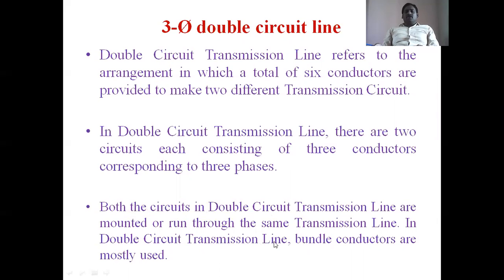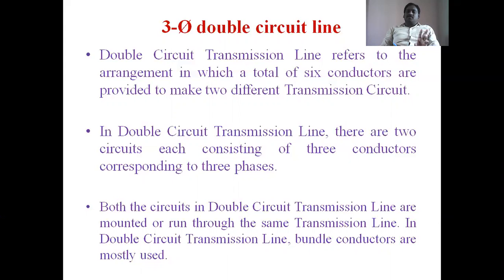In a double circuit transmission line, bundled conductors are mostly used. Bundled conductors means an arrangement of two or more conductors. Bundled conductor increases the diameter. When the diameter increases, resistance decreases and inductive reactance decreases.